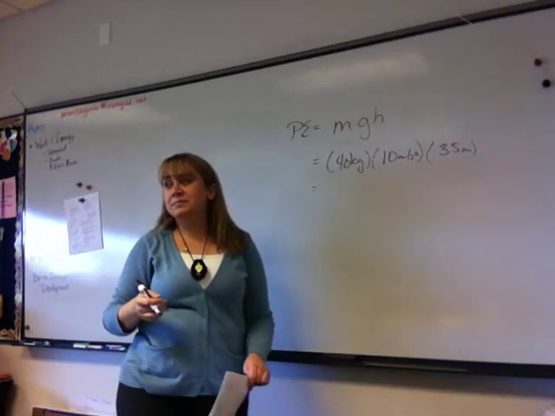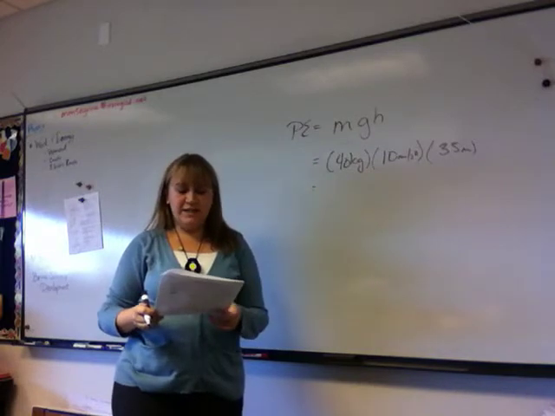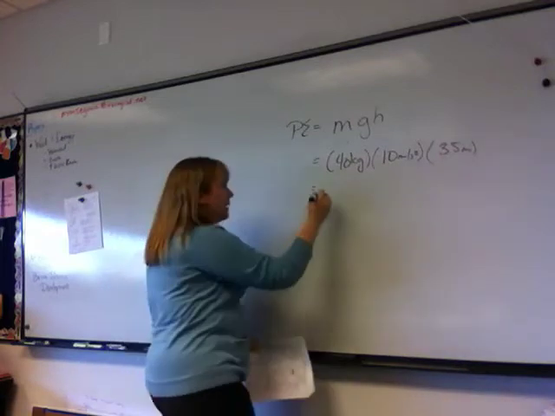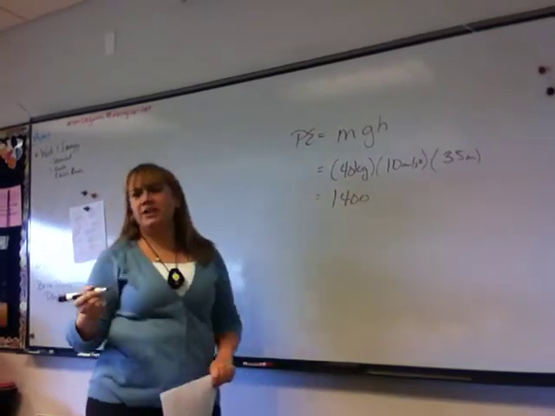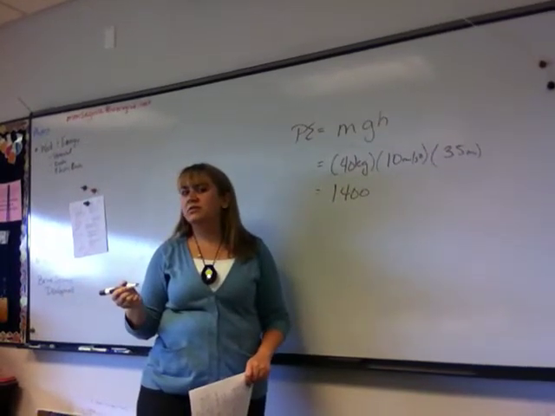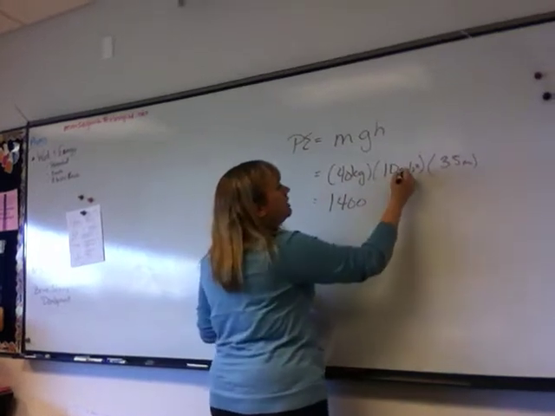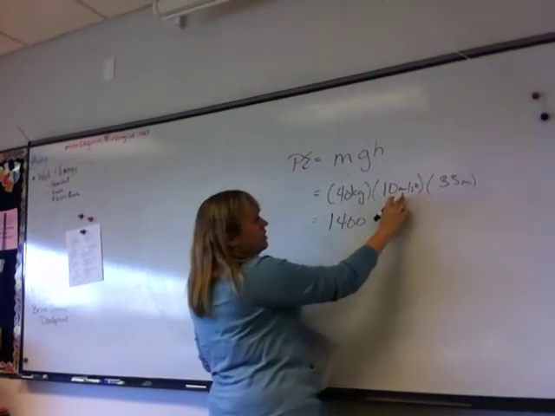What do you get? 40 times 10 times 3.5? All right, 1,400. What units do we still have left here? All right, so our meters, we end up with 10 meters per second squared.